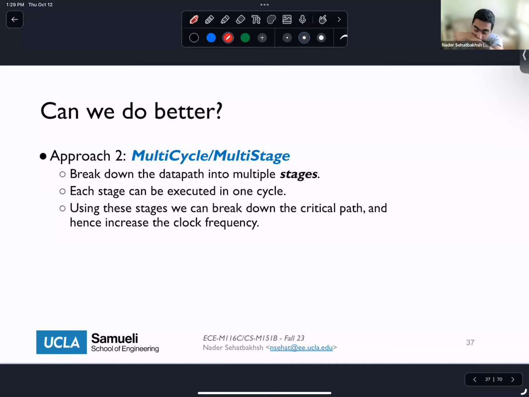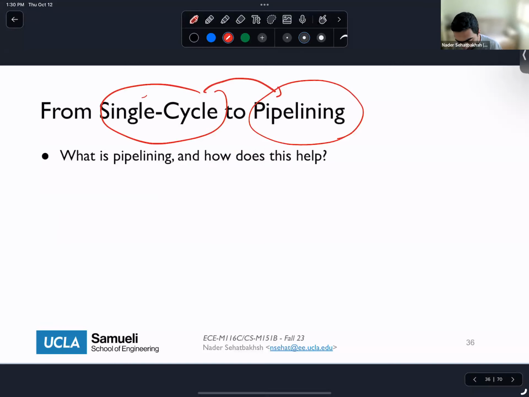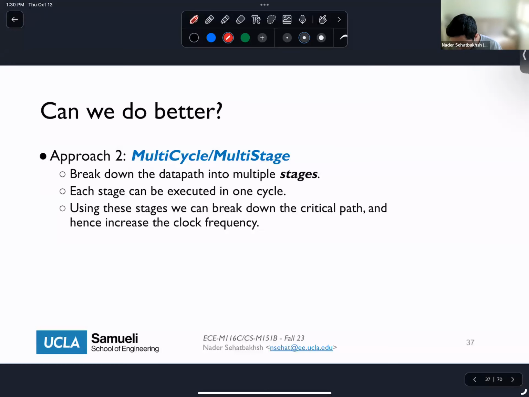Before that, as I said, instead of having only either one single cycle or pipelining, we can have a kind of middle ground, which is the multi-cycle or multi-stage. The idea here is I can have multiple stages in my data path, and say that each stage takes one cycle.